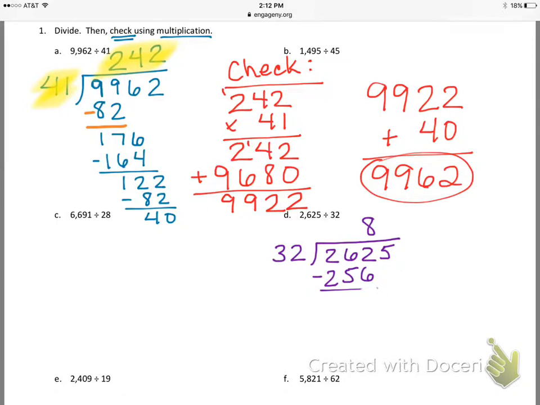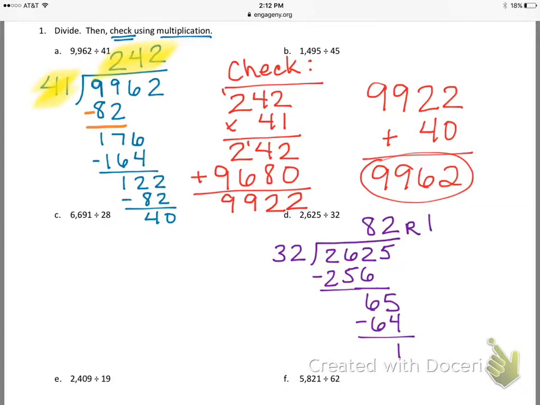Oopsie. When I bring down the 5, 32 into 65 is about 2. 2 times 32 is 64. When I subtract, I have 1. So my answer would be 82 with a remainder of 1.